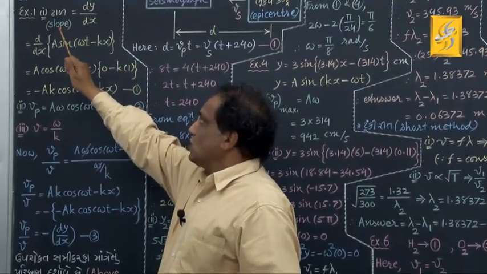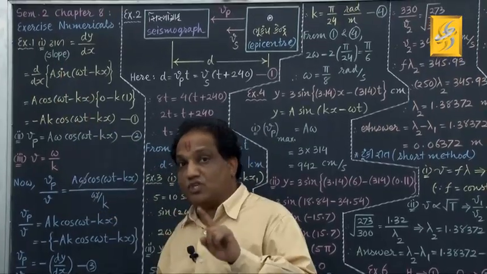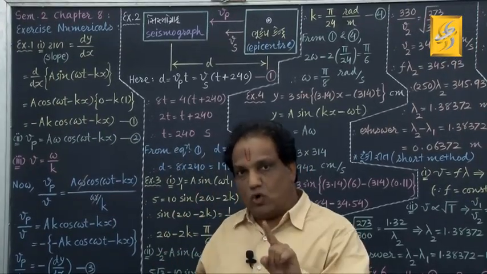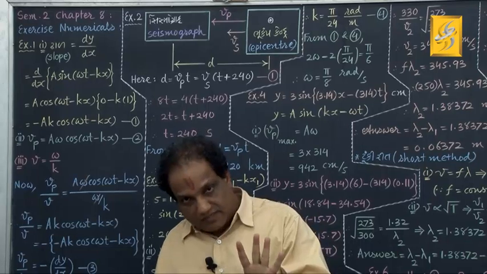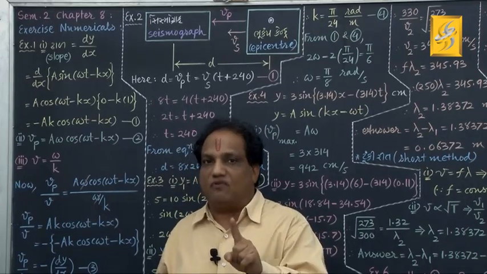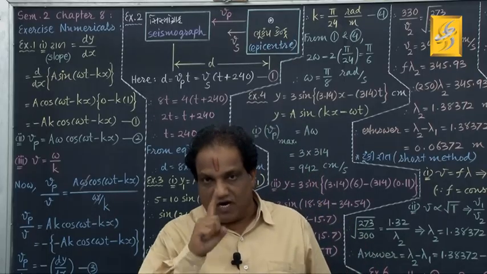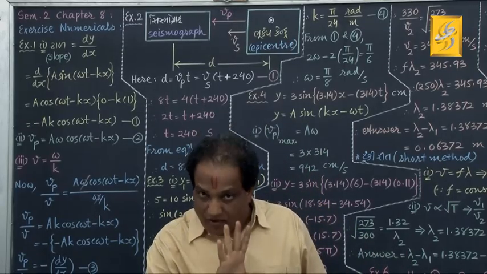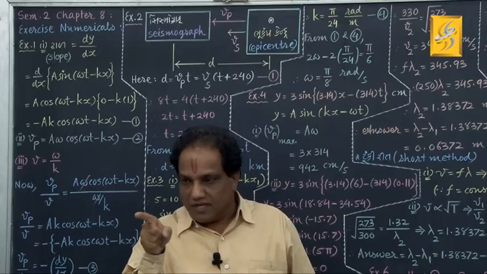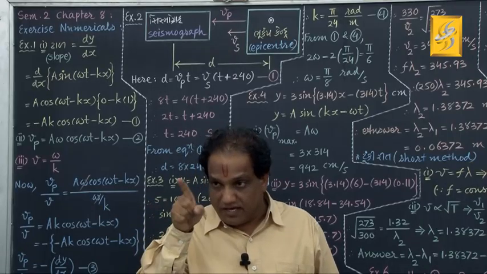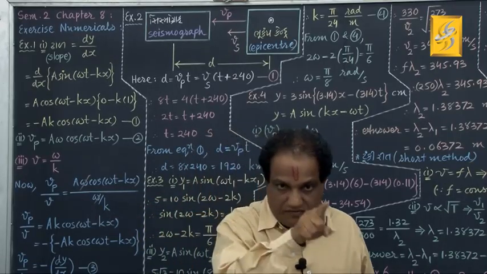What is called slope of wave shape? Slope of wave shape means slope of graph of y versus x. If it is one dimensional progressive harmonic wave, then you know, if it is transverse wave, then it is forming crest and trough, correct?